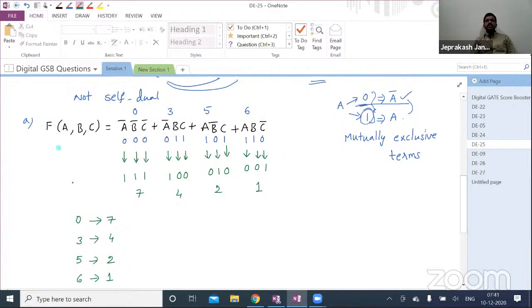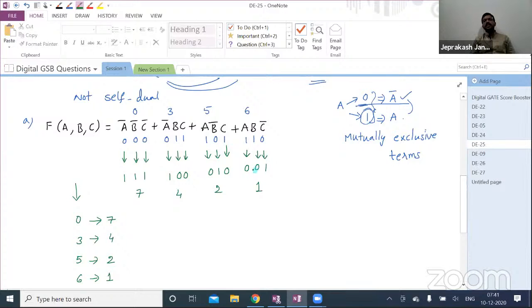So here f is a function of 4 minterms, and for these 4 minterms the corresponding mutually exclusive terms are these. Do we have any of these terms here? No, right? We don't have any of these minterms here.